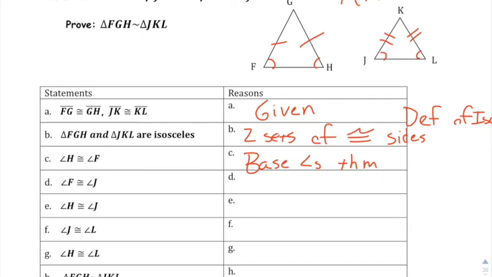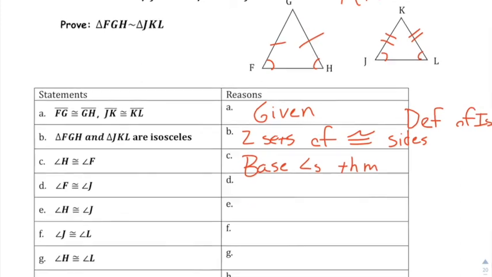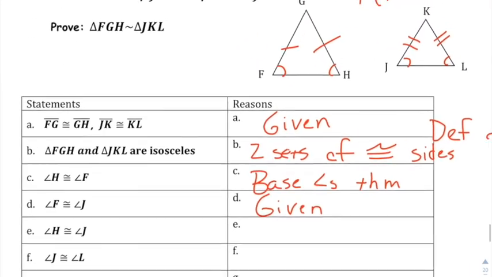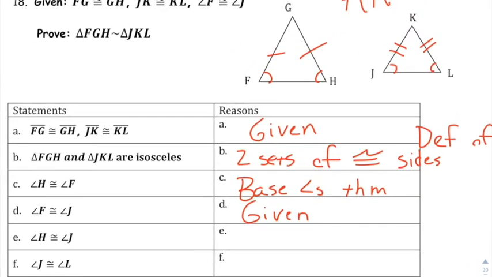H is congruent to F. As far as F and J are congruent, that was because it gave us that, so that's given. We know then that H is congruent to J, so I guess you can say there, oh yeah, that's the transitive property. They're all congruent to one another, essentially. J and L were congruent because that was also the base angles theorem.